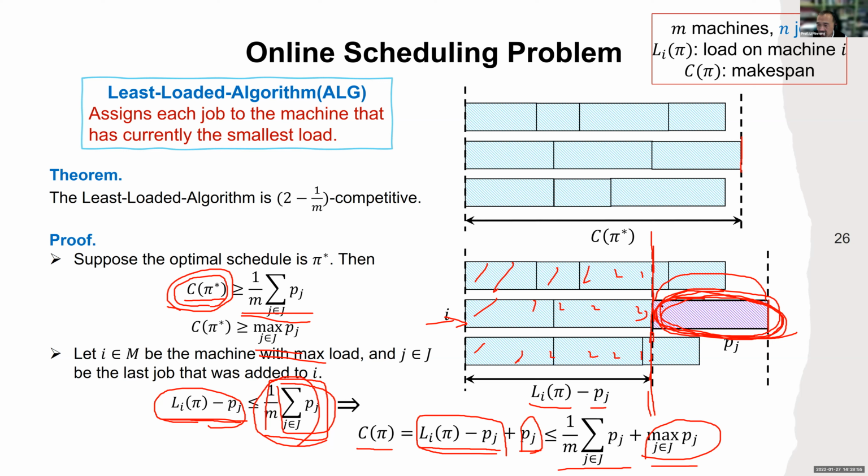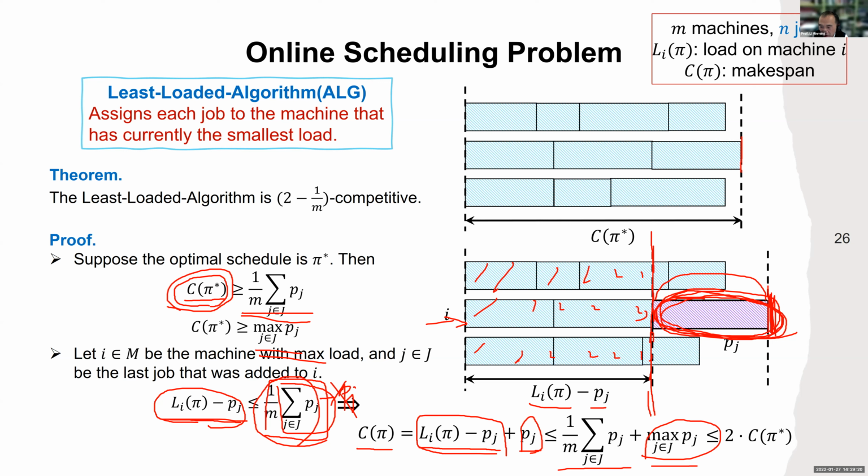So you should ask, is the right side able to further minus Pj? Which part are you talking about? Right side. Oh, you mean this minus Pj? No, you cannot do it, because we are talking about the largest load here, right? You can never argue every machine has something to do at that time.